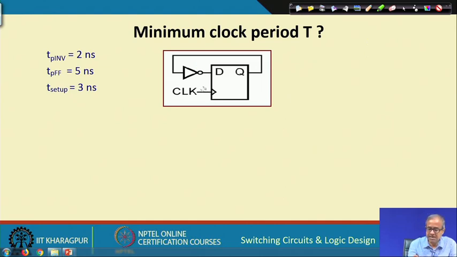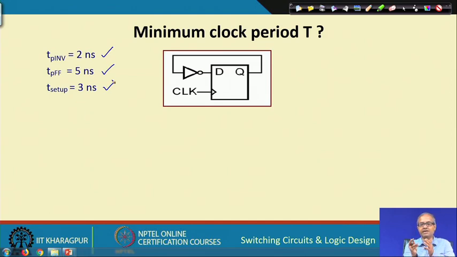Now, the assumptions regarding the delays that we make are as follows. We assume that the delay of an inverter, this NOT gate, TP inverter, is 2 nanoseconds. The delay of this flip flop, so once the clock comes, after how much time the output will come, is 5 nanoseconds, TPFF, and the setup time of this flip flop is 3 nanoseconds.